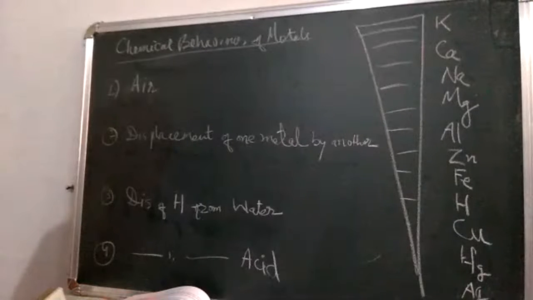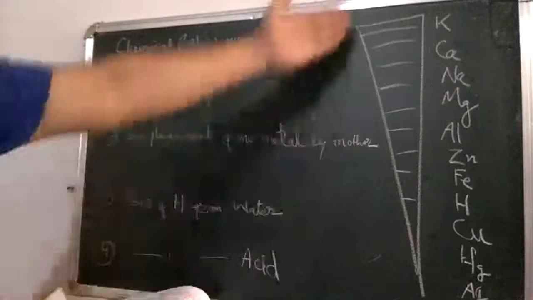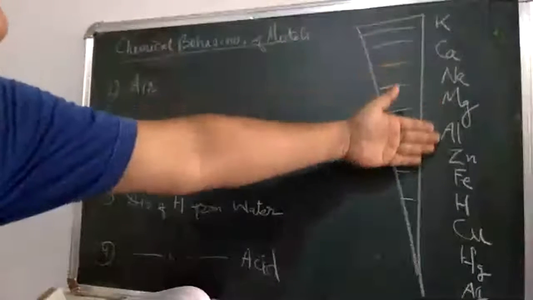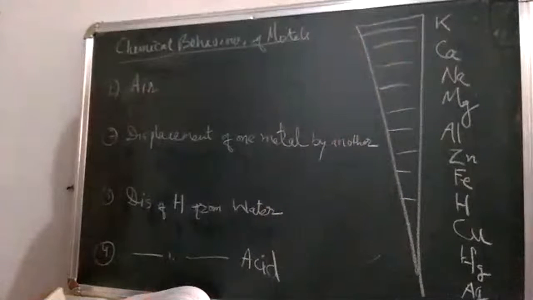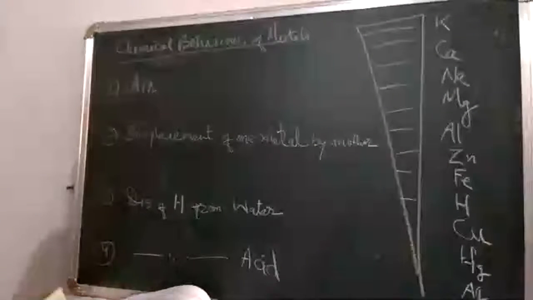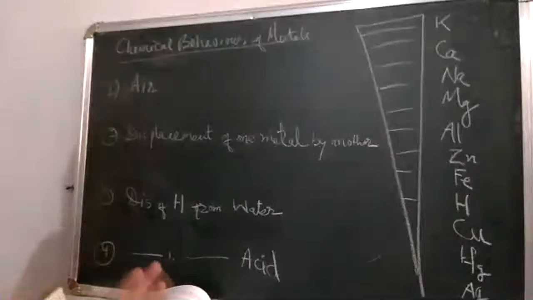But other metals are not so active. Suppose you take magnesium, aluminum, zinc. These are not so active that they can catch fire or something like that. Those are less active than sodium and potassium. But although they are less active, they are not inactive.